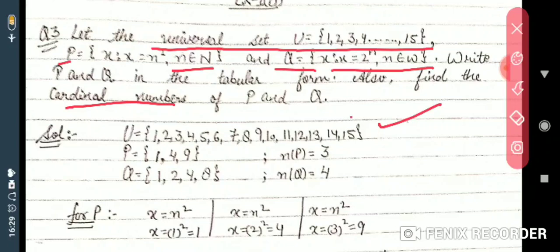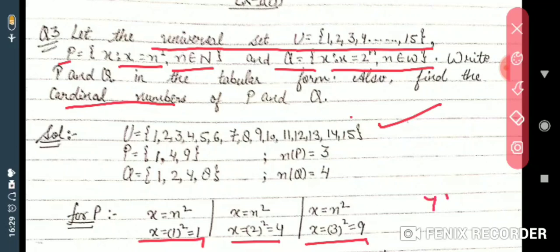Now P. x equals n square and n belongs to natural numbers. First you will put the value of n as 1. Square of 1 will be 1. Then the next natural number will be 2, square of 2 will be 4. Then 3, square of 3 will be 9.